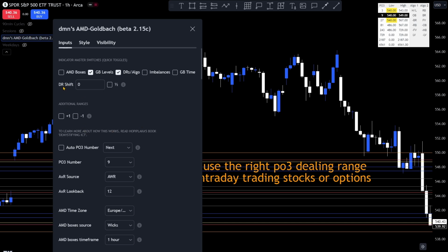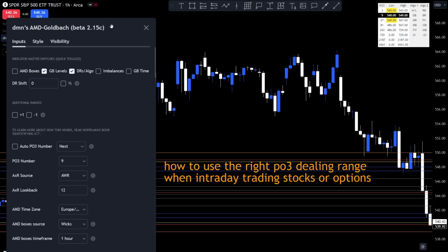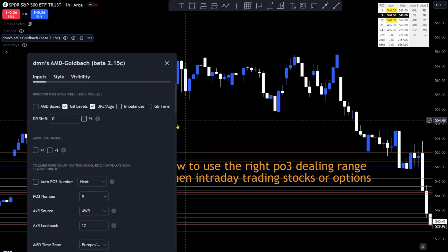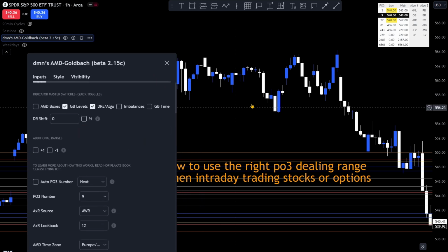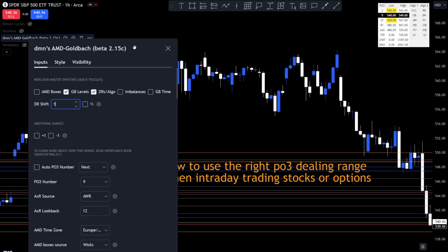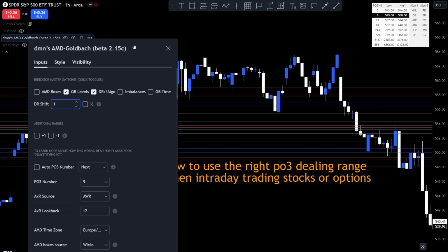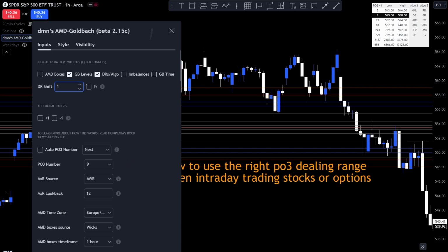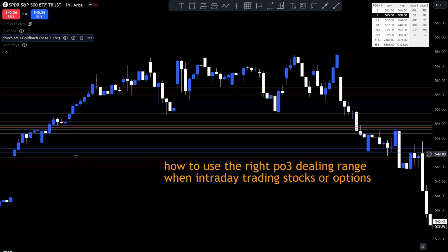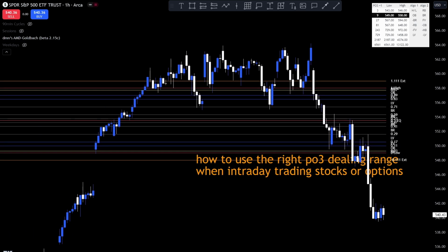And again, we talked about DR shift. DR shifting is when, let's say, for example, I'm looking to see what price did up here, but on the 9, you know what I mean? Instead of just additional range, I can then come in and see what price did in the above dealing range, right?